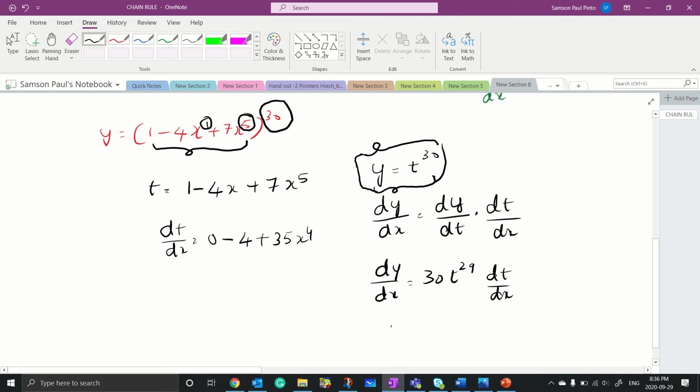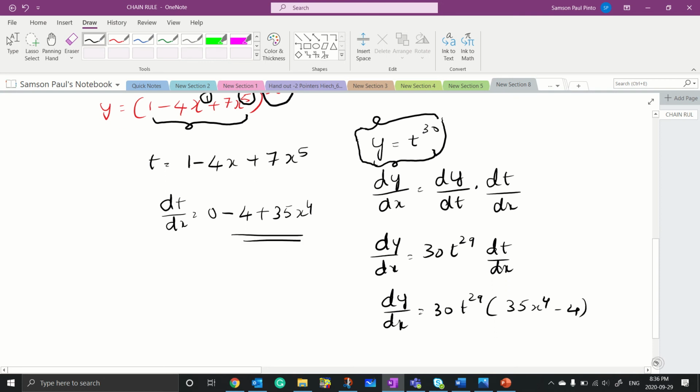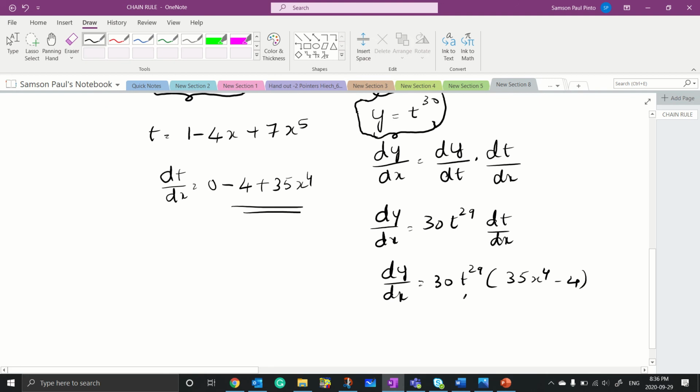I have already found dt by dx here, and I'll write it as 35 x to the power of 4 minus 4. Okay, in the end, don't forget to replace this t in terms of x.